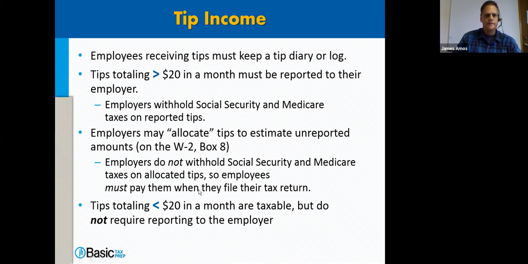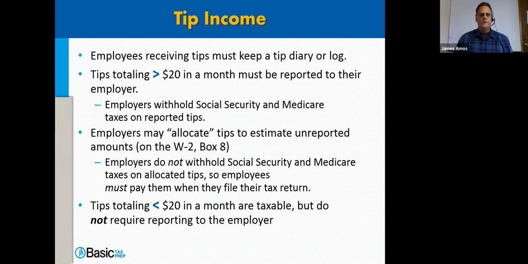Okay. And so tips totaling less than $20 a month are taxable, but they do not require reporting to the employer. So in summary, tips under $20 do not have to be reported to the employer, but can be. But if you do that, you're going to have to add them in later.